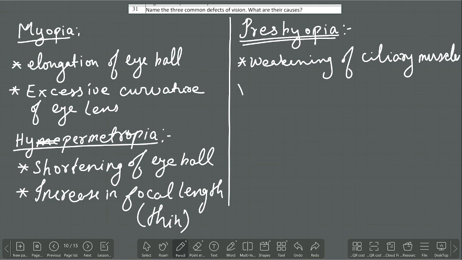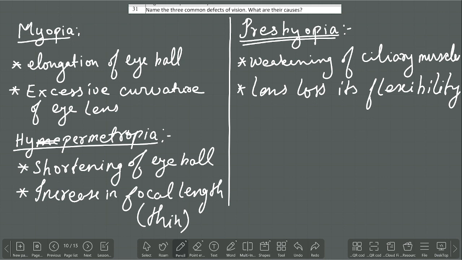And another cause is that the lens will lose its flexibility. So these are the two causes of presbyopia.